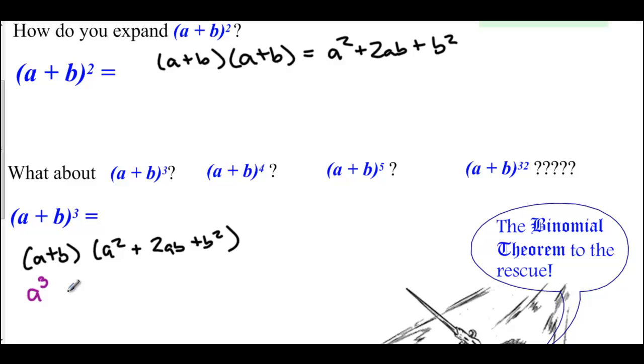A times 2ab gives us plus 2a squared b. And then a times b squared is plus ab squared. Now we need to multiply this b times everything. So b times a squared is plus a squared b. B times 2ab is plus 2ab squared. And then b times b squared is plus b cubed.